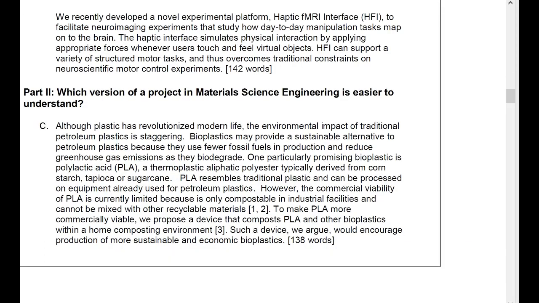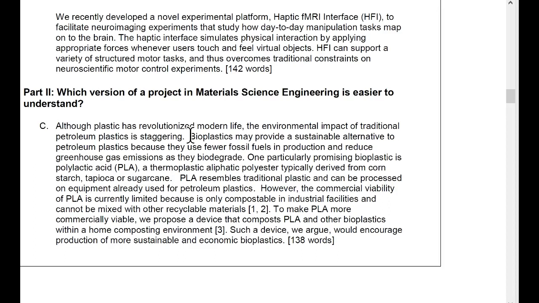In this plastics example here, this is another problem solution abstract. We again have a statement of the significance. Then we go through the status quo. These are the cutting edge solutions. The first is that bioplastic is better than the more common solution of traditional petroleum plastics.